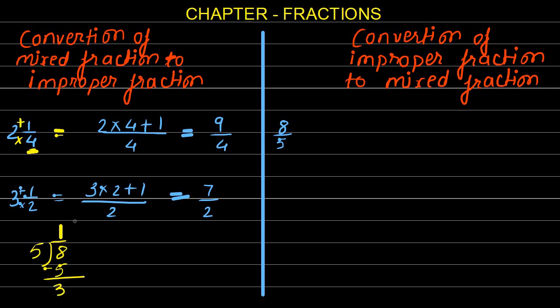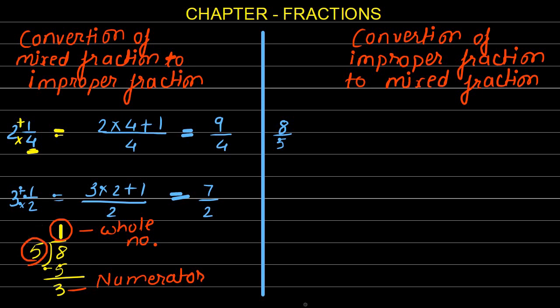Okay. So now how to write? Your quotient, your answer, is your whole number. Your remainder is your numerator. And this 5, as I said, the denominator is the same.